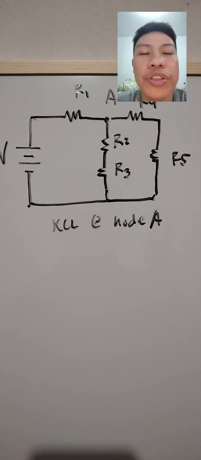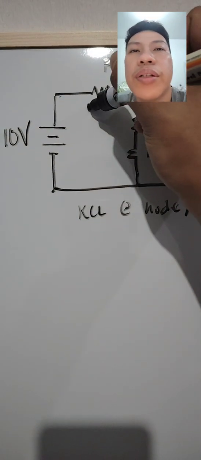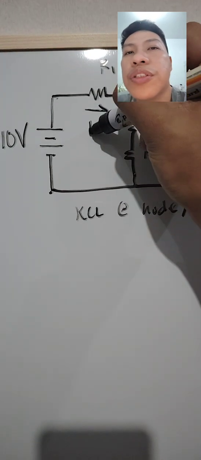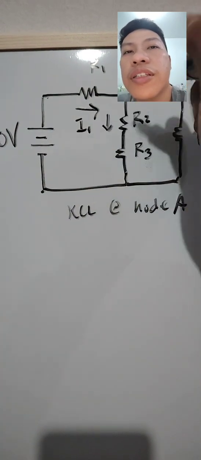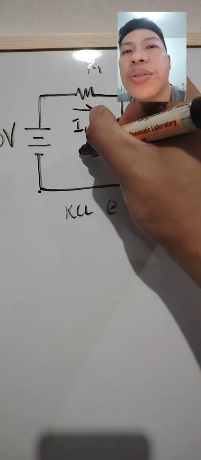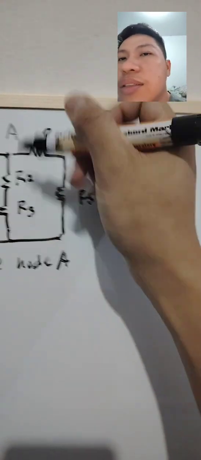Let us draw first the current labels. Okay, so this is I1. Alright, this is I2, which is equal to I3, because they are in series.